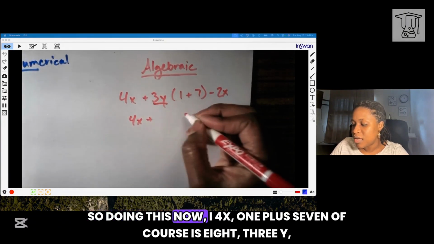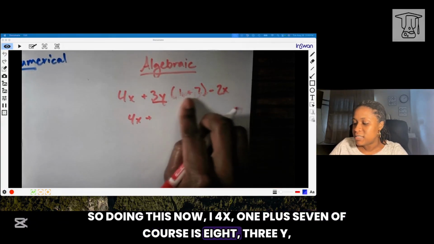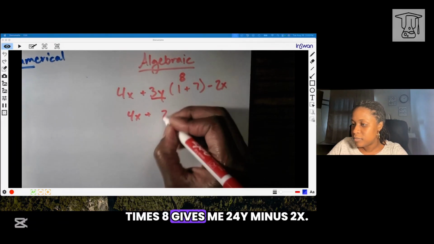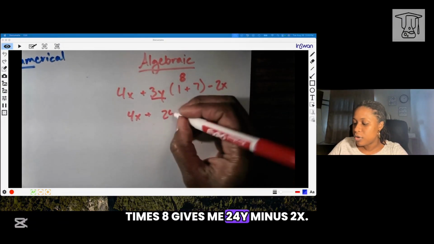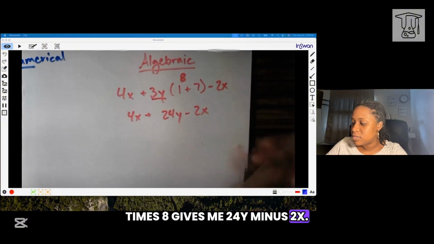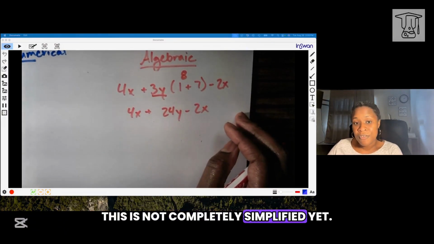So doing this now, I have 4x. 1 plus 7, of course, is 8. 3y times 8 gives me 24y minus 2x.